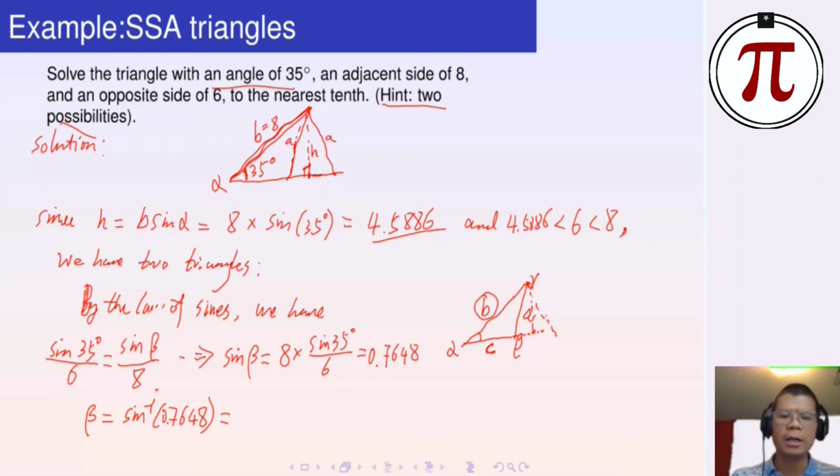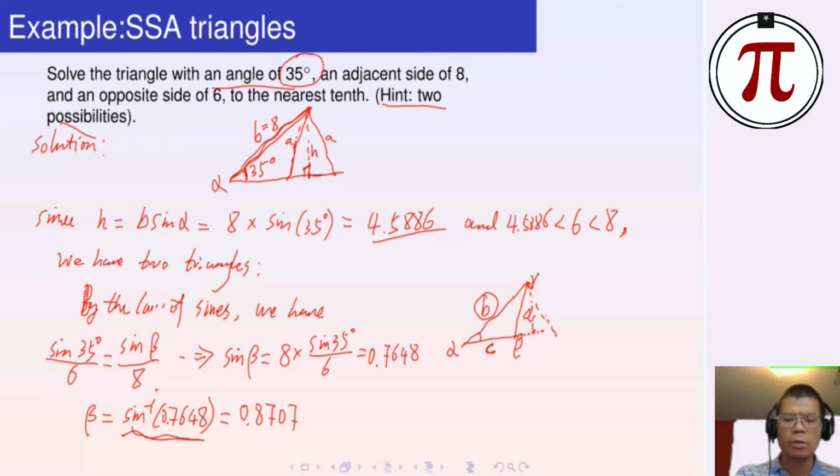Now the angle for the first one is in degrees, so we may want to convert it into degrees. In the calculator you got radians, 0.8707, but that's in radians.